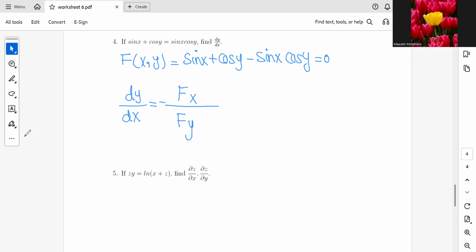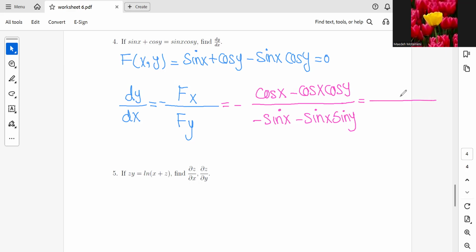Following this, we're going to write negative. Finding the derivative of capital F with respect to x gives us cosine of x minus cosine of x times cosine of y, over the partial derivative of capital F with respect to y, which gives us negative sine of y minus sine of x times sine of y.